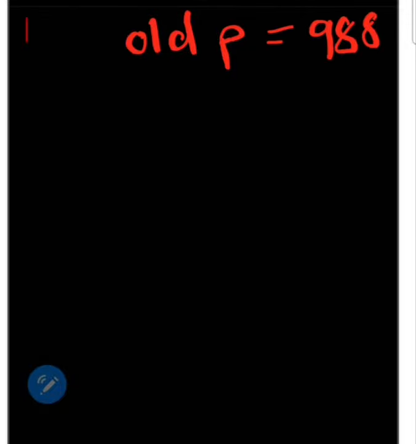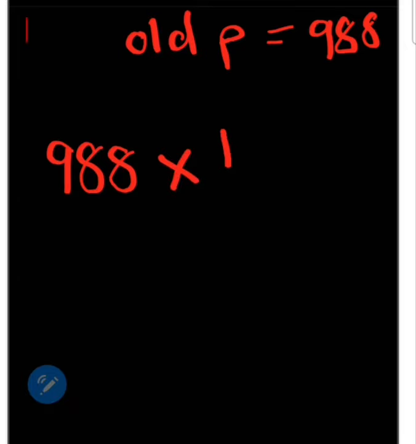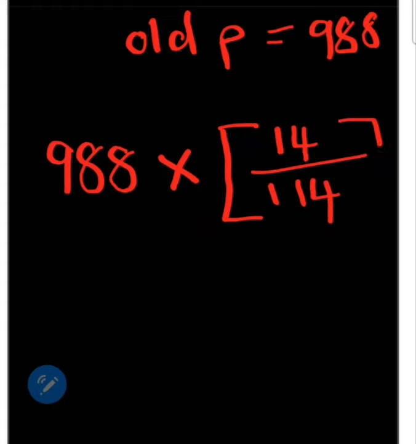Let's work it out. Okay, our old price, we know the 988. Now let's work out the value added tax from that 988. You can use any of your textbook formulas that were provided to you. I'm just using one formula. So I'm going to use the old price multiplied by the VAT amount, 14% over 114%. That's a general formula.